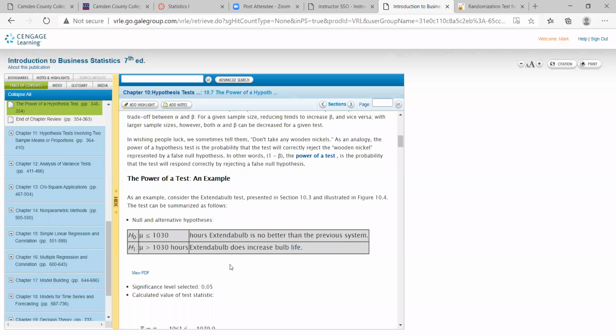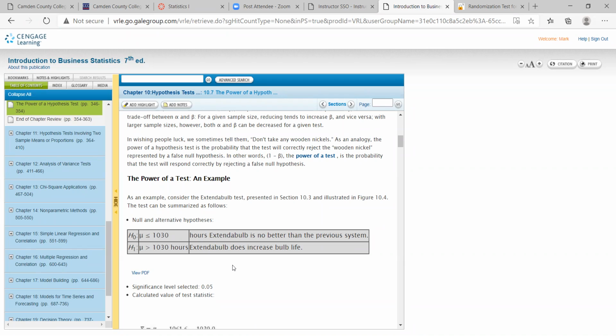Now, what if I wanted to calculate the probability of a type 2 error? How would I do that? Well, the type 2 error is the probability of not rejecting the null when the null is actually false. But look at the alternative hypothesis.